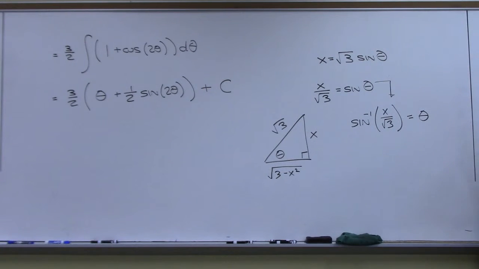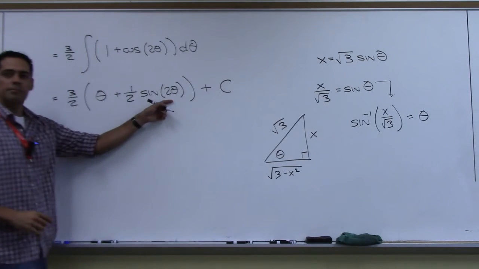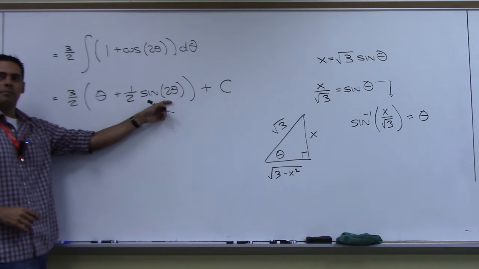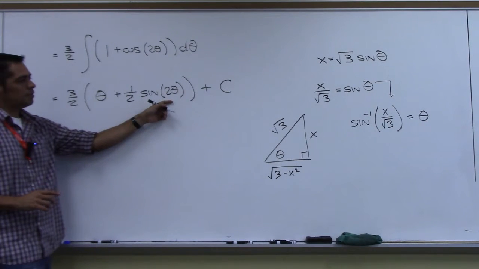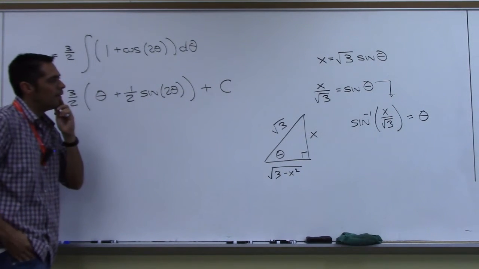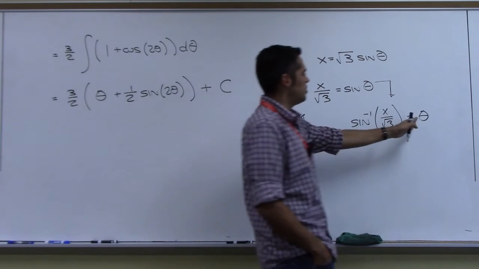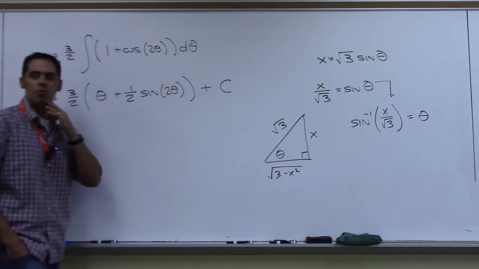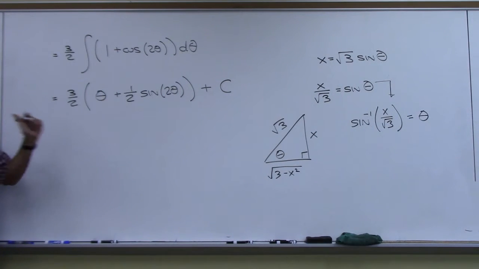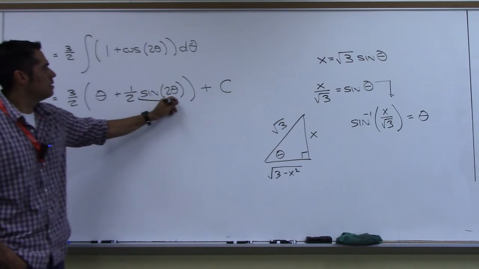And then how are we going to deal with sine 2 theta? Plug in the 2 inverse sine. Oh, you mean multiply this by 2, and then this by 2, and then plug that in? That'd be more work than we have to do. You all remember what this is, right?